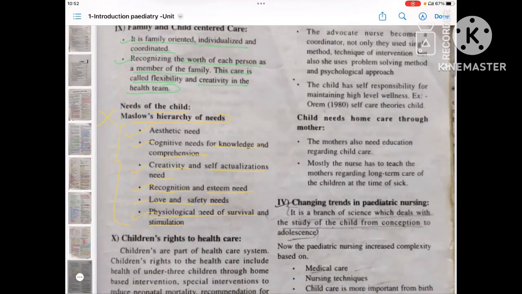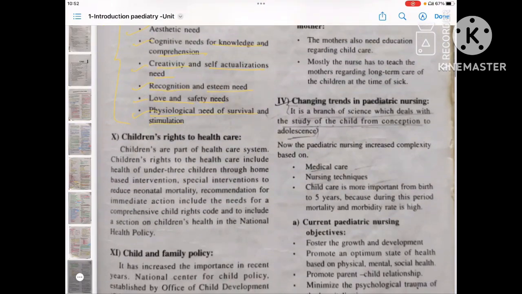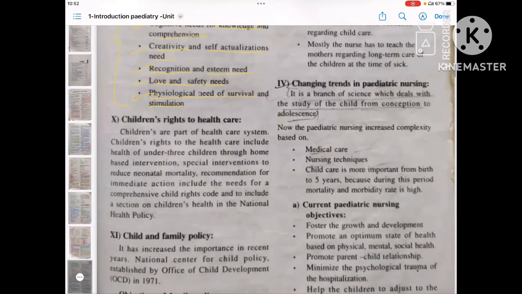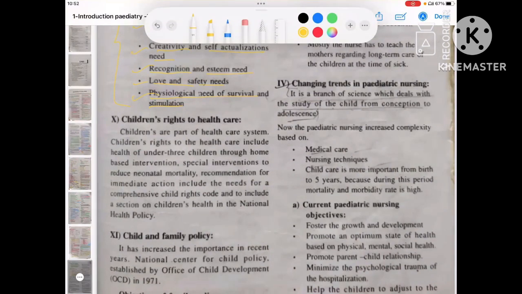Then children's rights to care. So what are the children's rights? These all come under the modern concept of pediatric nursing. Children's rights to healthcare. Children are part of the healthcare system.